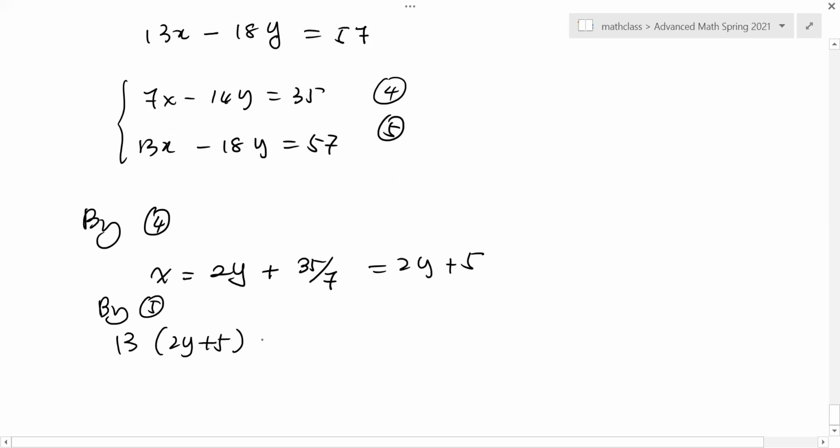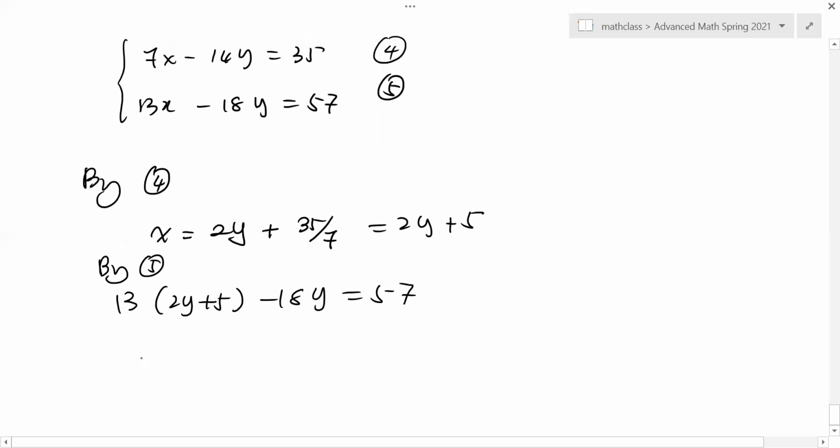Then you plug into the second equation, equation 5, x is going to be 2y plus 5 minus 18y equals 57. That's simplified. It's going to be 26y plus 65, yeah.